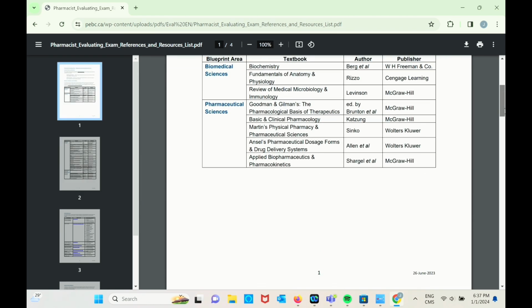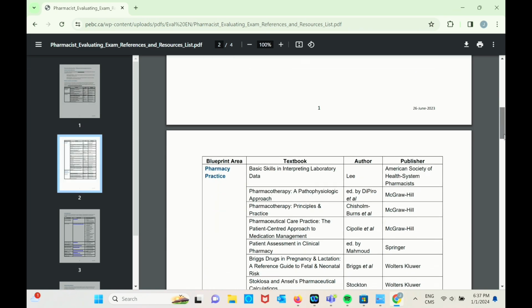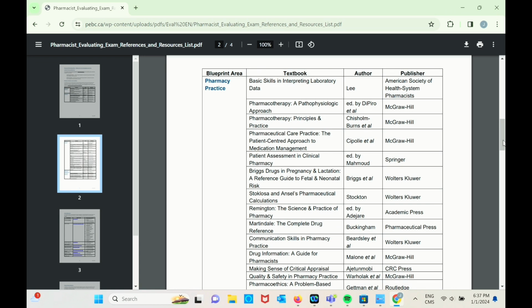And this is also a reference I used for the pharmacokinetic calculations in specific, by Shargel. And we do have another clinical pharmacology reference called Katzung. Using all of the references would be a difficult task for me, and would be a difficult task for you as well. And the other reference I used was DiPiro for the pathophysiological approach.